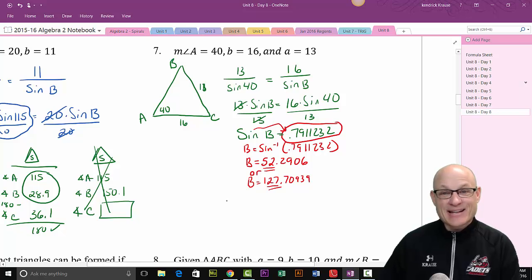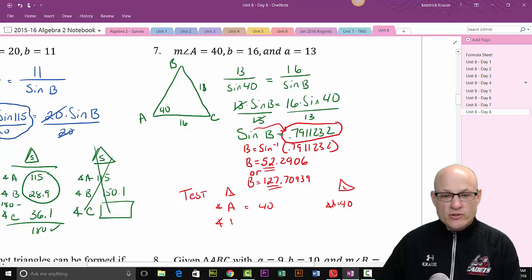So now we have to decide, can we make two triangles or only one triangle? So here's our test. Angle A was given 40. This is triangle 1. This will be triangle 2. Angle A, 40 degrees.